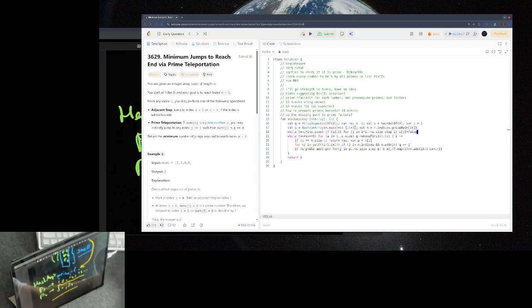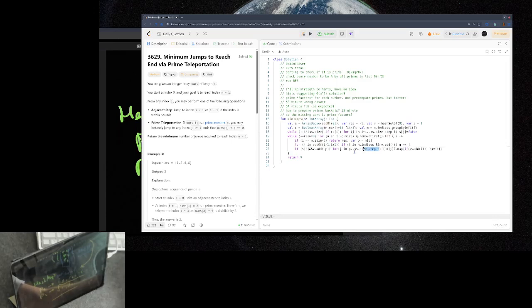Initially it is all true except the first two values, and for all multiples I set it to false. And then inside the search itself, I check if the current value is prime and its prime group is not visited yet. We iterate forward from this prime by a step of this prime.